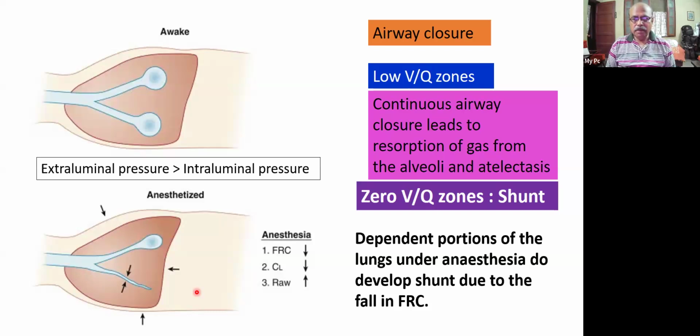We must remember that whenever we have induced anesthesia, there is a consequence: development of shunt in the dependent region. Why are we more concerned about the dependent region? Because perfusion is still better in the dependent region.